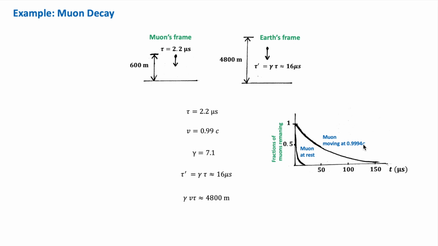And this enabled scientists to measure the decay rate and therefore the muon lifetime, and it was measured to be approximately 30 times as long as that of a stationary muon, and this agreed with the predictions of relativity, okay? So the graph here shows the decay curves for muons traveling at this high speed and for muons at rest.